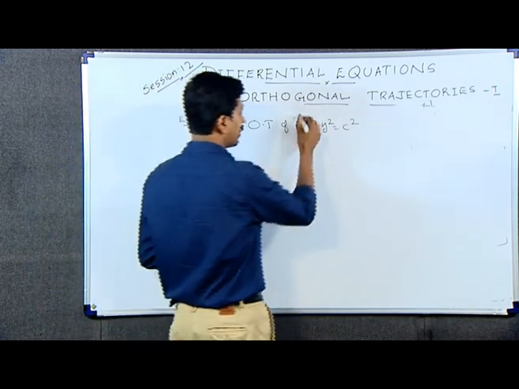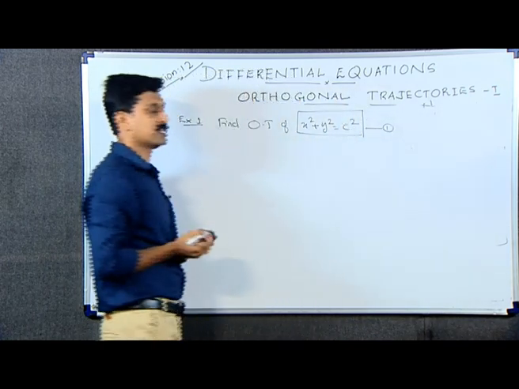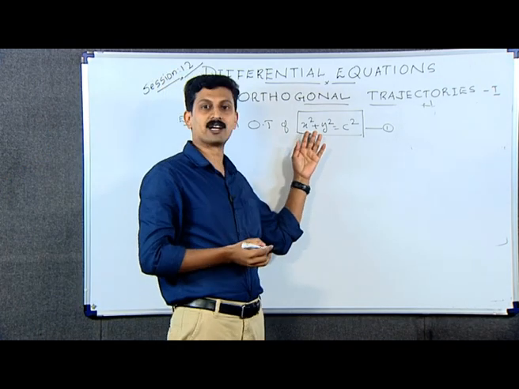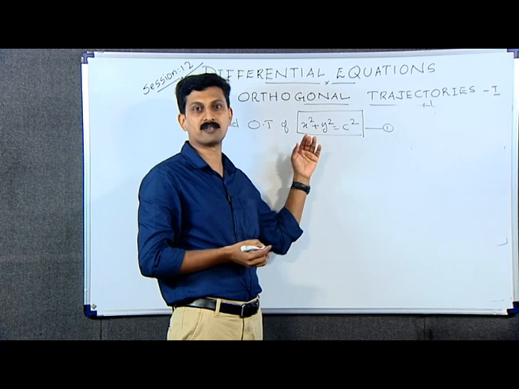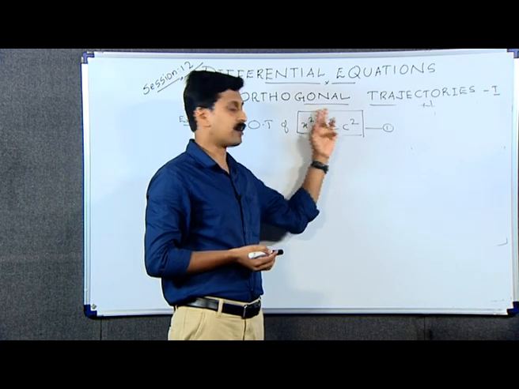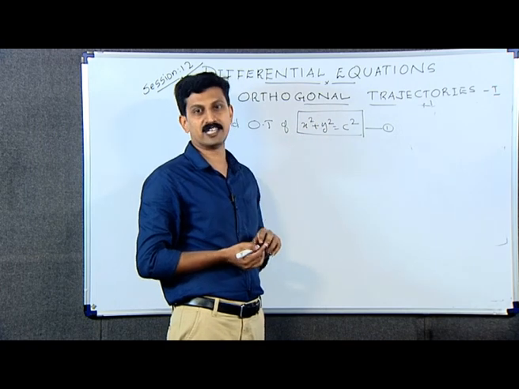I am taking x square plus y square is equal to c square as the family of curves, equation number 1. We are familiar with this family of curves, we already discussed it. This is a set of family of concentric circles centered at origin with radius c.